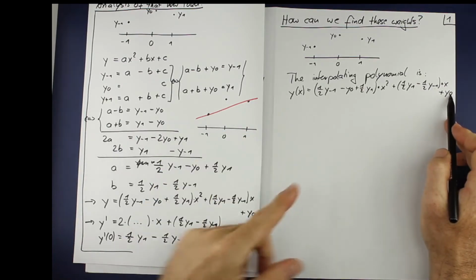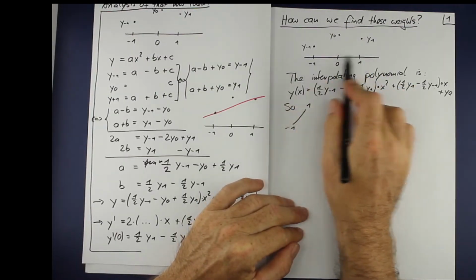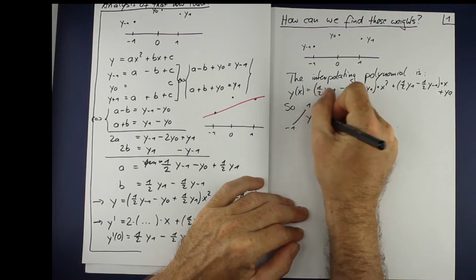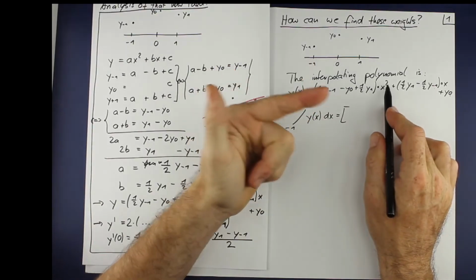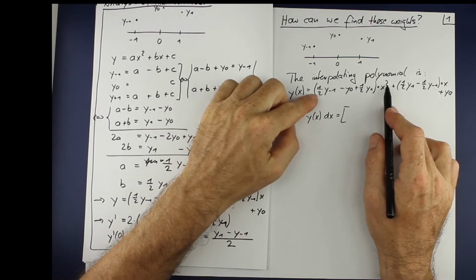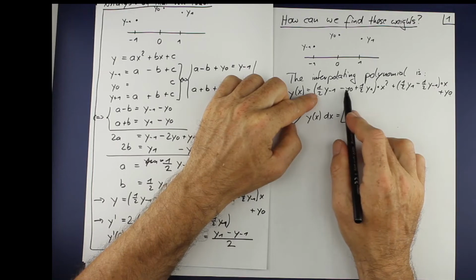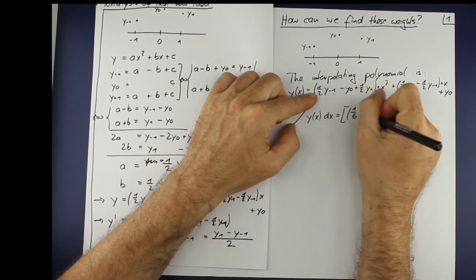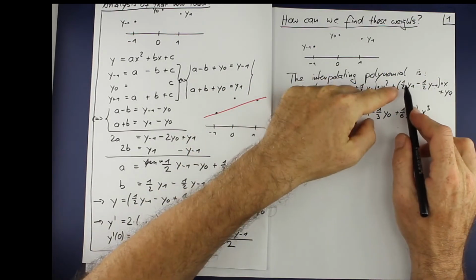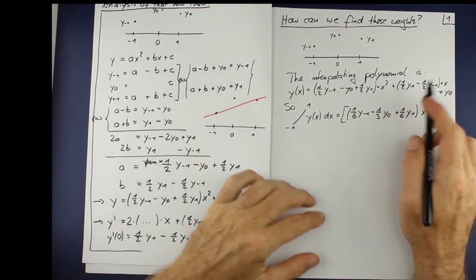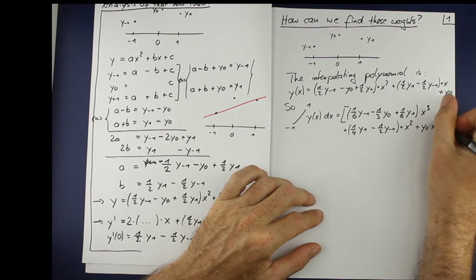And now we can integrate. Last time we differentiated, and now we integrate on that interval, so from -1 to 1. We need the antiderivative. This is a constant, x cubed divided by 3. So we get a divided by 3, a half divided by 3 is 1 divided by 6, a third, and 1 divided by 6. Then for this part we get a x squared divided by 2, and so a half divided by 2 we get a quarter. And here we get y0 times x.